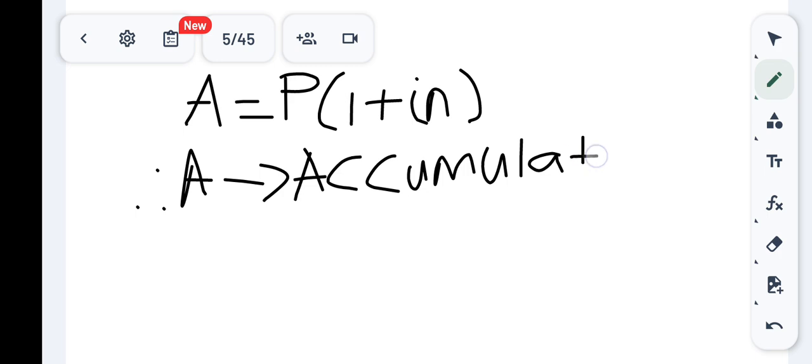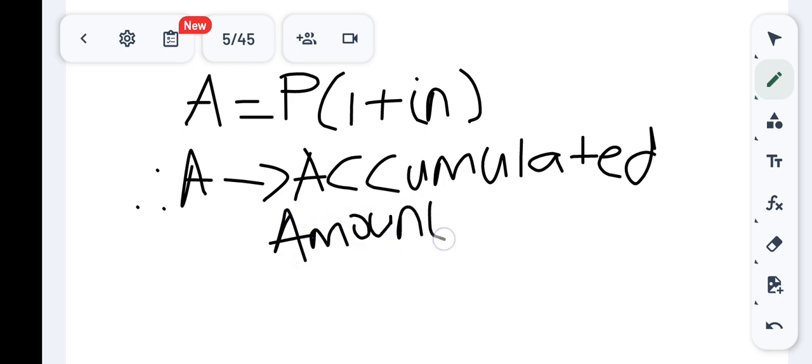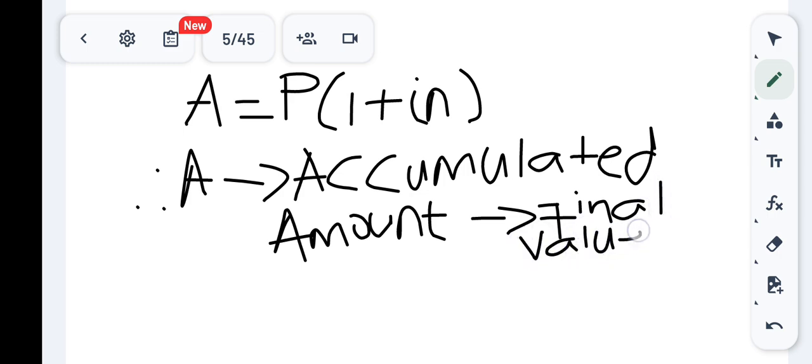What is the accumulated amount? This is the total amount. It's the final value at the end of a certain period. Of course, when you save maybe for 4 years at a certain interest rate, there will be an amount that you will accumulate.